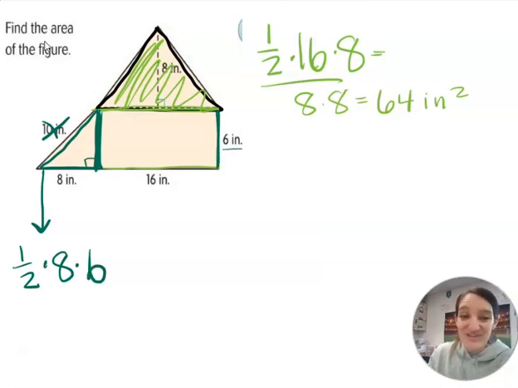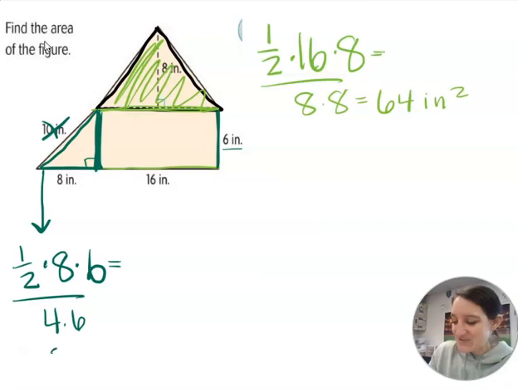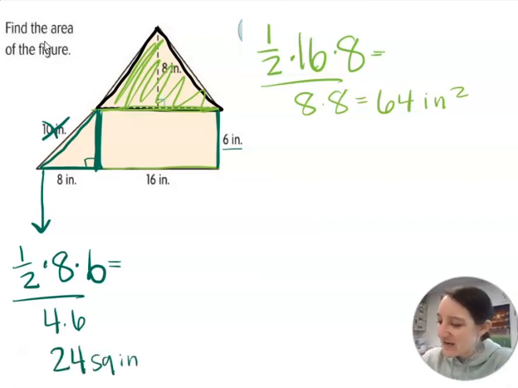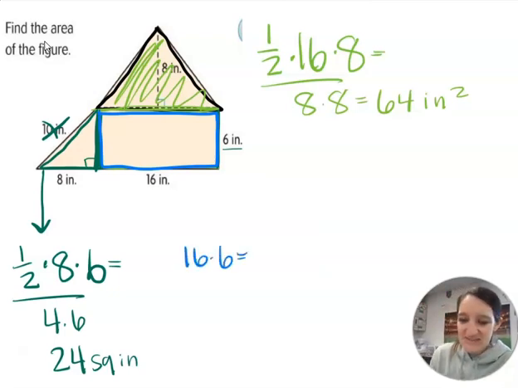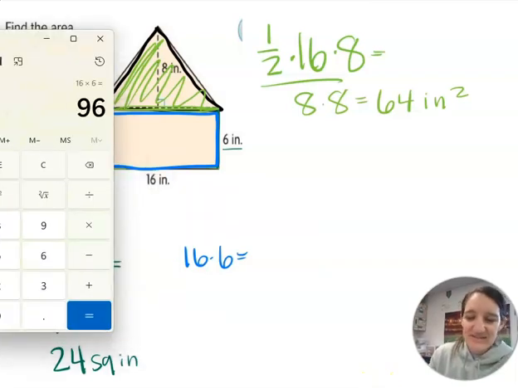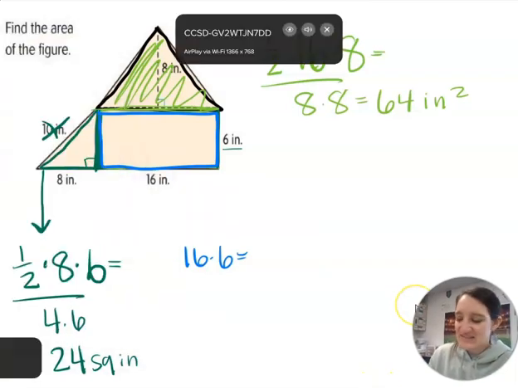So I'm going to make sure I use the 6 instead. That will give me 4 times 6, which is 24 square inches. And now all I have left is this rectangle, which is 16 times 6. 16 times 6 is 96.